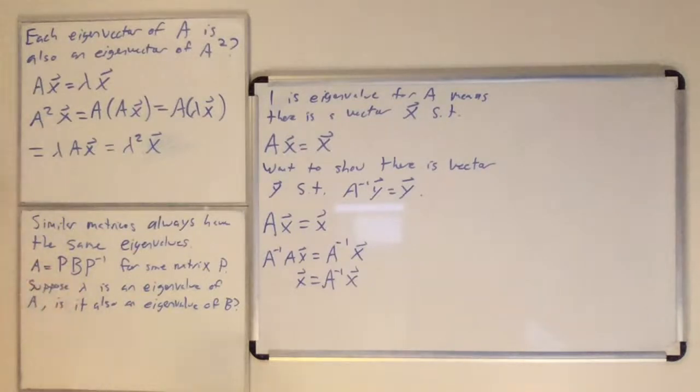Okay, and so if lambda is an eigenvalue, that means there's a vector such that AX equals lambda X. But A we said was the same thing as P B P inverse.